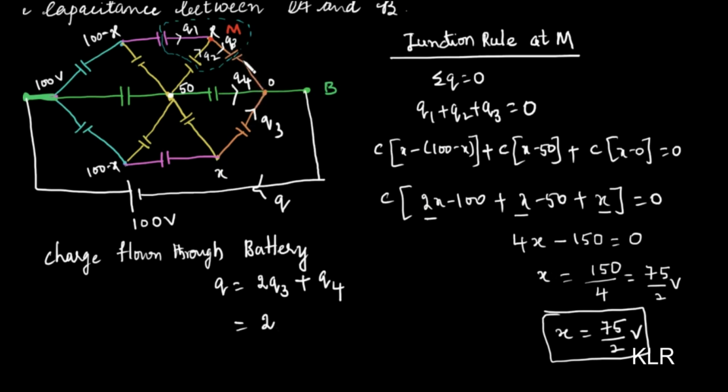q3 is C into X minus 0, where X is 75 by 2, minus 0, plus q4. Q4 is C into 50 minus 0, so C into 50.